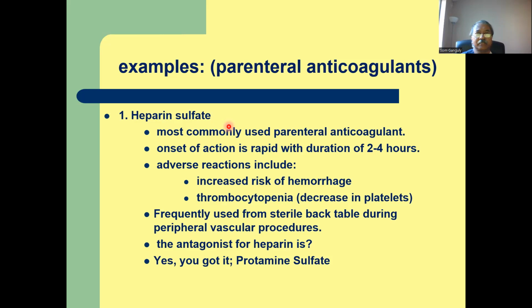And the correct answer would be protamine sulfate, which is the reversal of heparin sulfate. The terminology we use is antagonist for heparin. So heparin sulfate and protamine sulfate, you're going to have in your operating room when you are dealing with blood vessel related surgery.